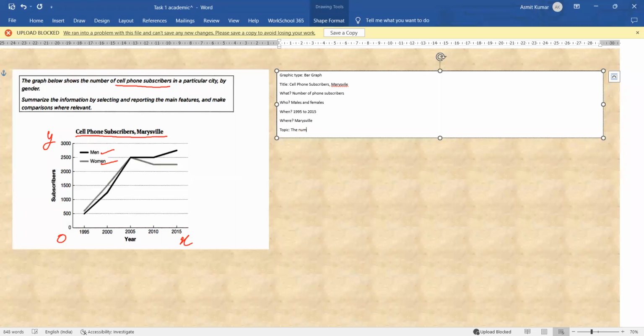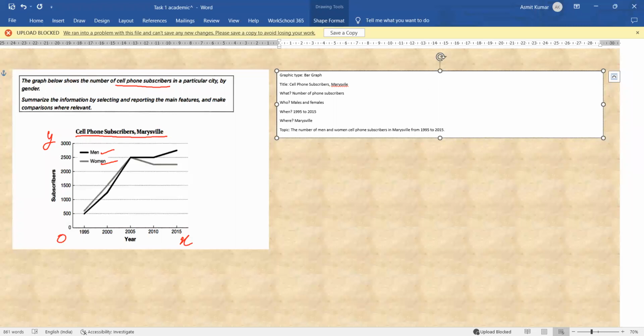It is all about the number of men and women cell phone subscribers in Marriage Village from 1995 to 2015. So we have written.